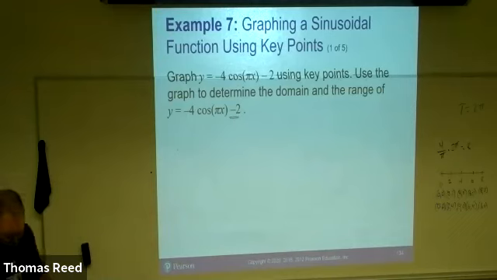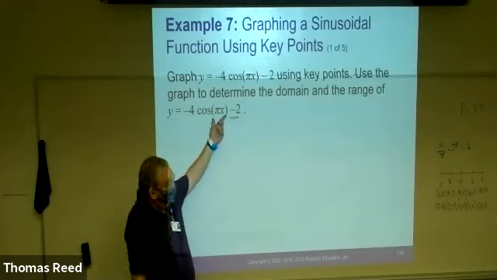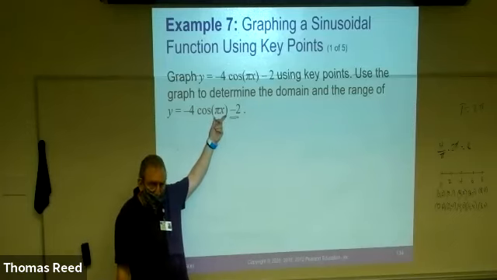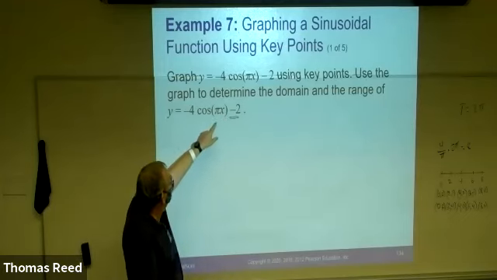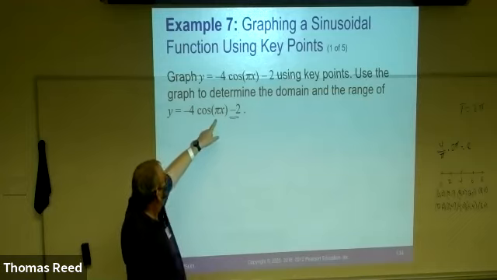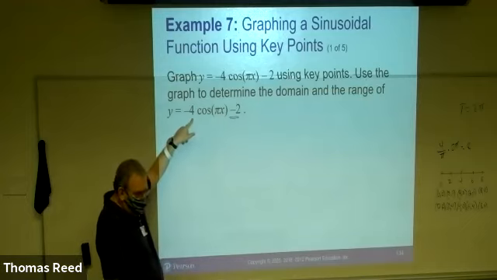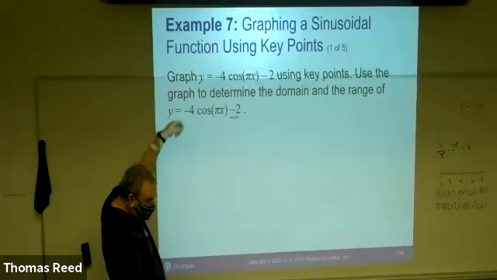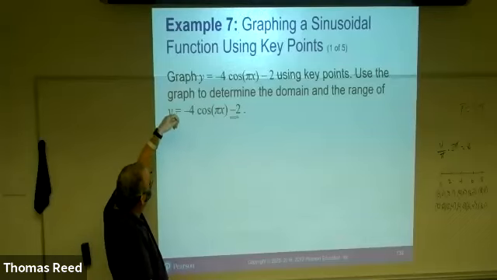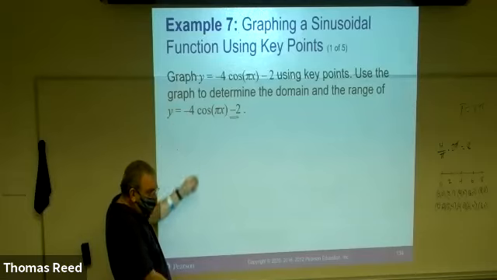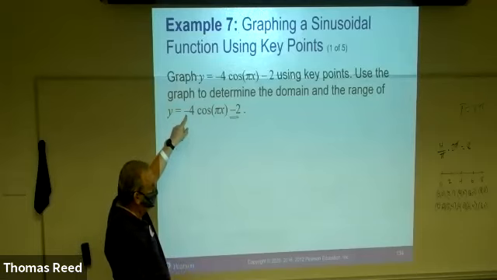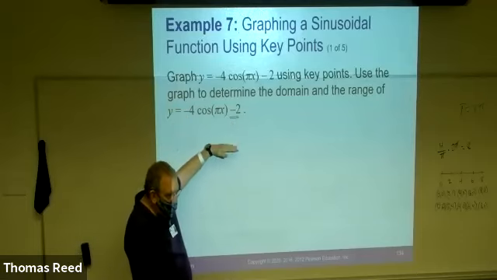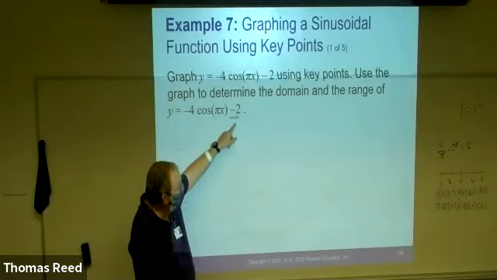Looking at this in terms of transformations, we're having a compression in the x, so we're squinching it towards the y-axis. We're having a stretch in the vertical, so we're pulling it away from the x-axis, and we're flipping it across the x-axis because I'm changing the sign on my y values. Then we're moving the entire graph down 2 units because this is a vertical shift.